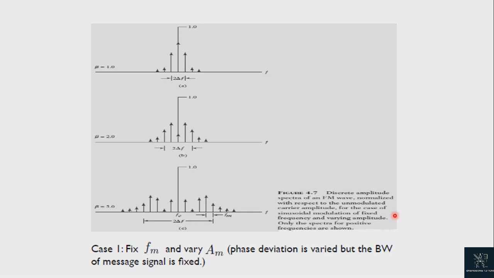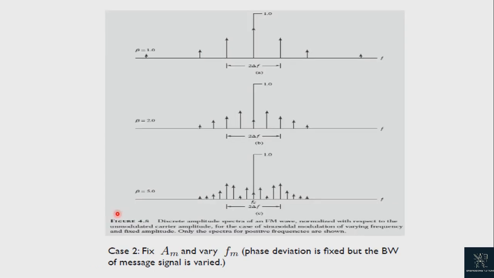To see the bandwidth, let us consider two different cases. Case first: by fixing the value of f_m and varying the amplitude A_m, we can see the phase deviation is varied with the increment in the value of the modulation index beta from beta is equal to 1 to beta is equal to 2 and to beta is equal to 5.